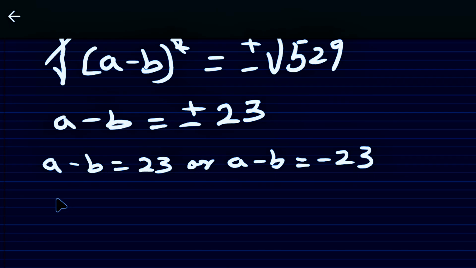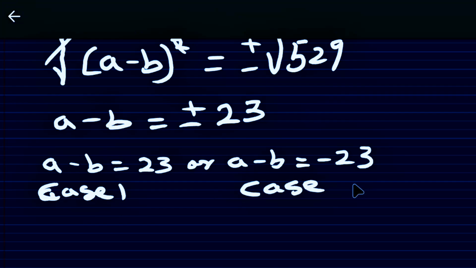Now this is what we have. Here we have case 1, this is case 1, and this is case 2. Now for this, I will name case 1 equation n, and let case 2 be equation m.